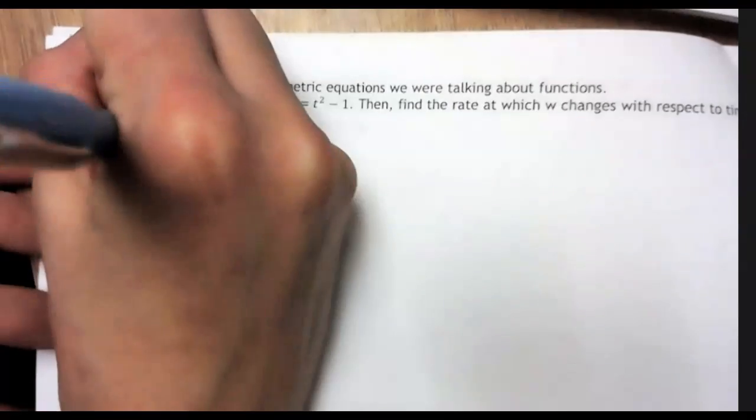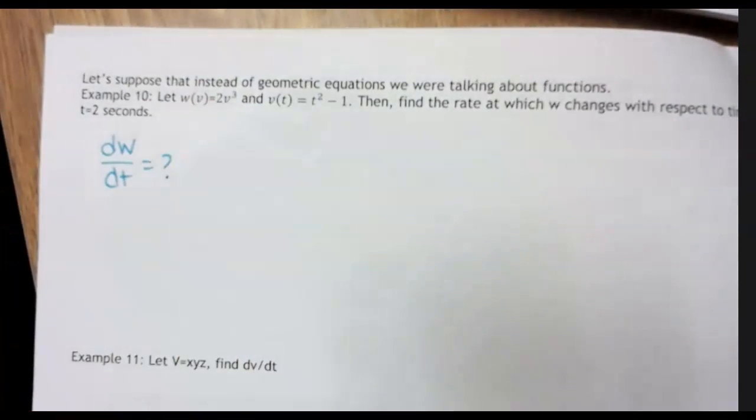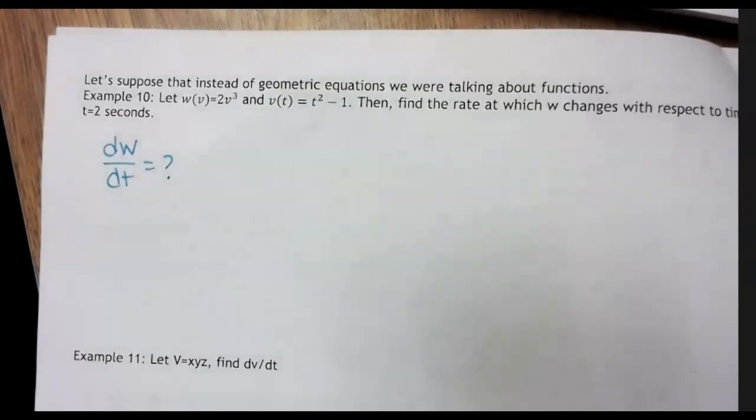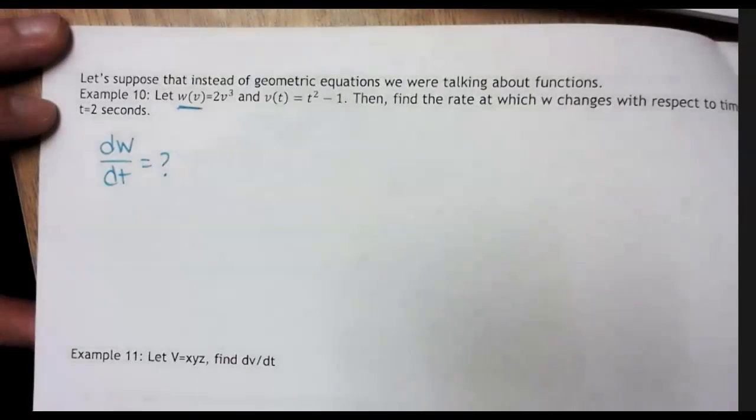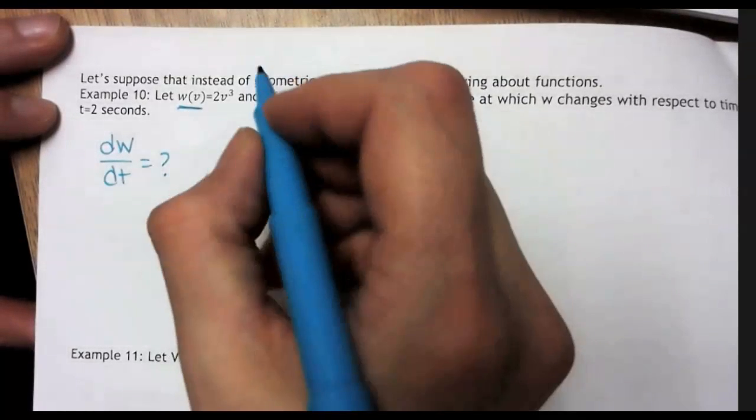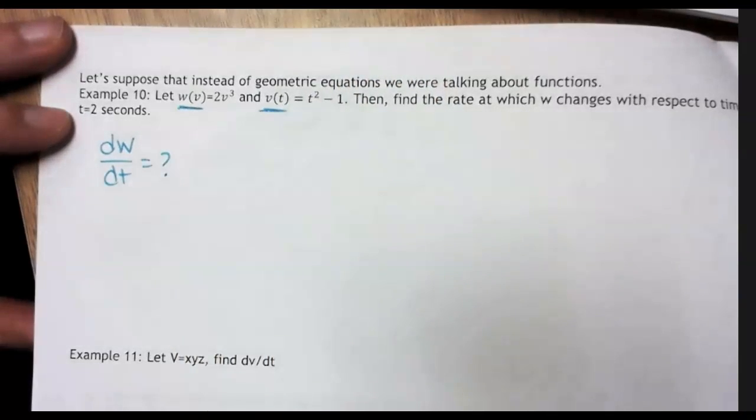So that means we are looking for dw/dt. Currently, what is the variable my w has? V. But we know that v of t is equal to t squared minus 1.